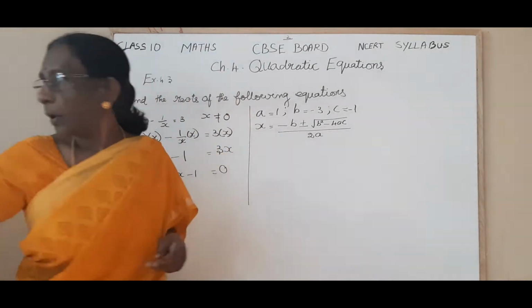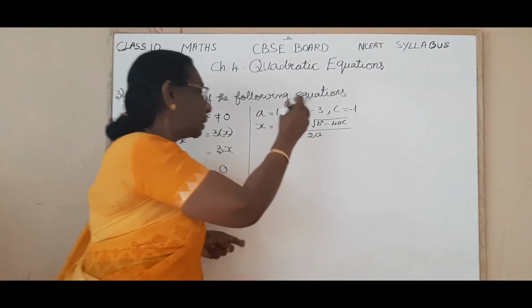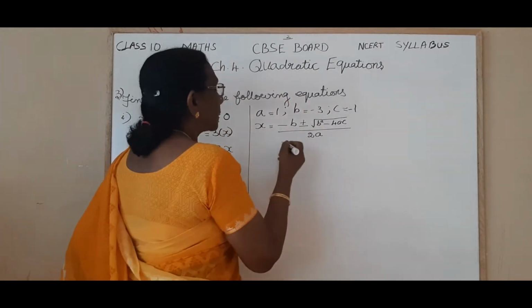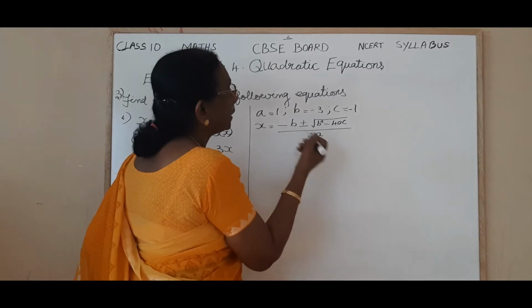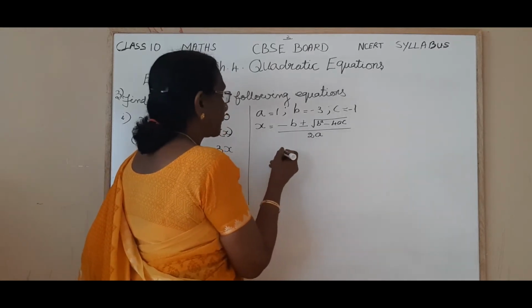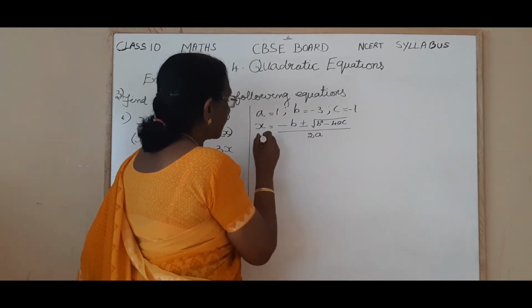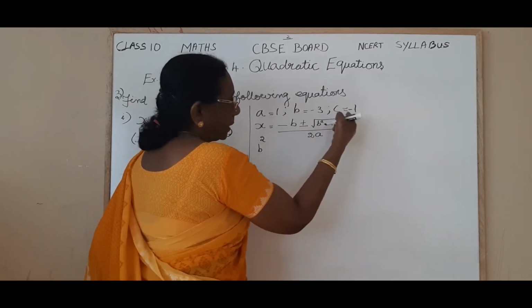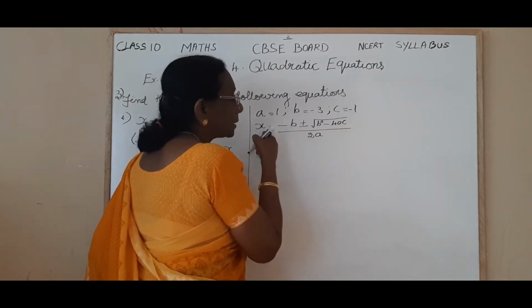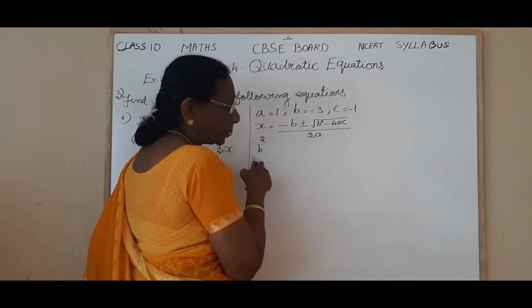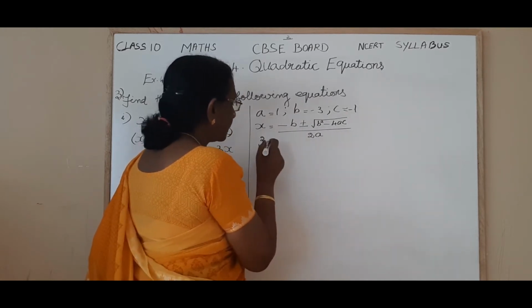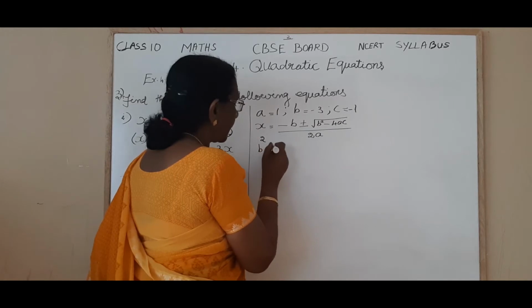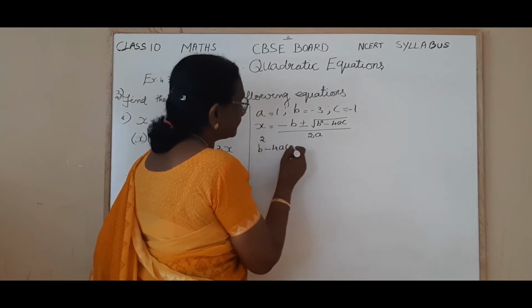So you can avoid writing the root symbol step by step, because that may lead you to confusion. So let us see the next step. First step, write the values of a, b and c. Next step, write the formula. Third step, find the value of b squared minus 4ac.